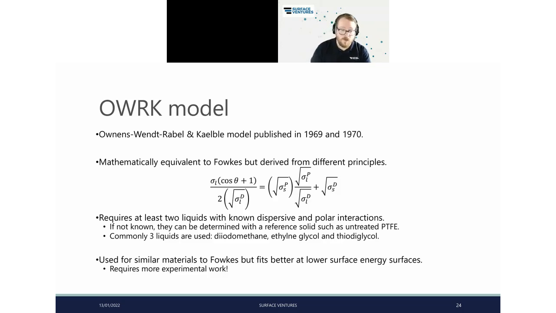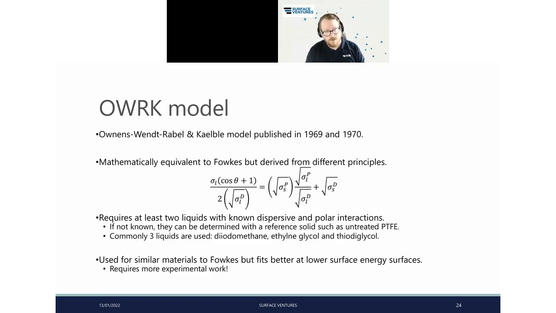But commonly, and I think Data Physics would commonly recommend, 3 liquids: diiodomethane, ethylene glycol, and thiodiglycol. And then you can use this for similar materials to the Fowkes, but it fits better for lower surface energy surfaces. But considering the 3 liquids, it requires more experimental work than the Fowkes model.